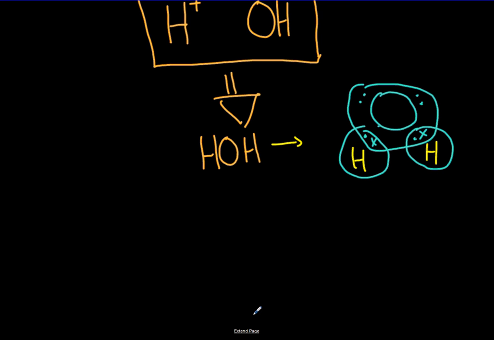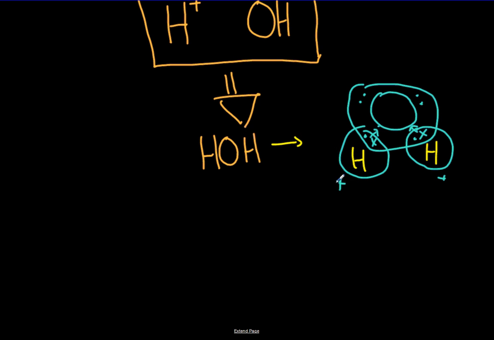I don't want to get too deep into the chemistry here, but oxygen is an atom that has a very strong attraction for electrons. So this oxygen pulls the electrons that are shared here towards itself, and that leaves a more positive charge over on the ends here.